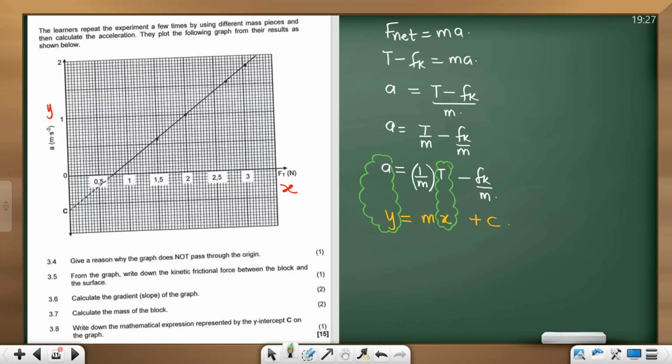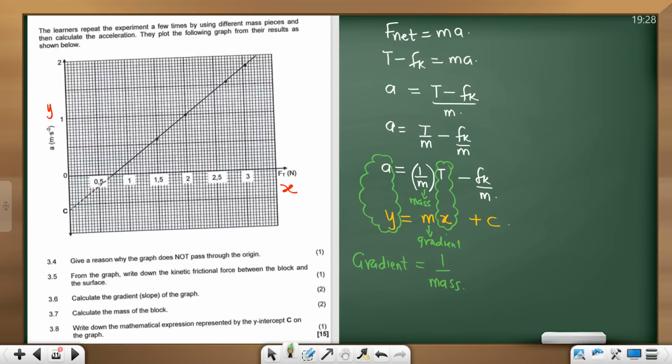What does m stand for here? It's the gradient. So what does this M stand for here? This is mass, remember? While this one is what? Do you know what this means? It means the gradient is equal to 1 over the mass.